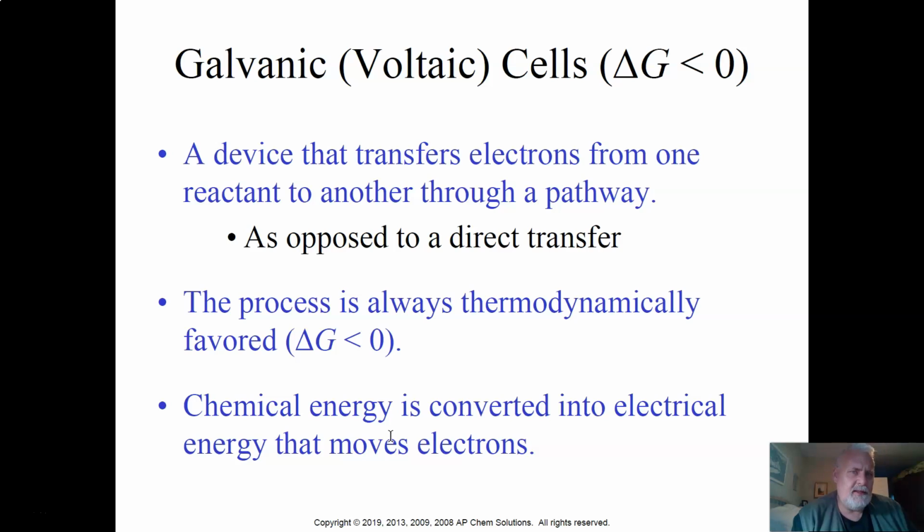And the delta G is less than 0, so that means that when you make these things, they're going to give off electricity. So you don't have to plug them in. If delta G was greater than 0, it would be non-spontaneous. It would not be thermodynamically favored, so you would have to plug it in. And we're going to talk about those coming up. But this one, it just happens. It's a thermodynamically favored process.